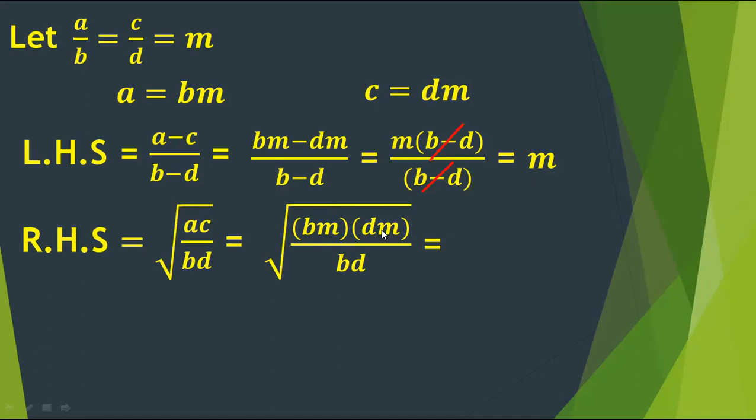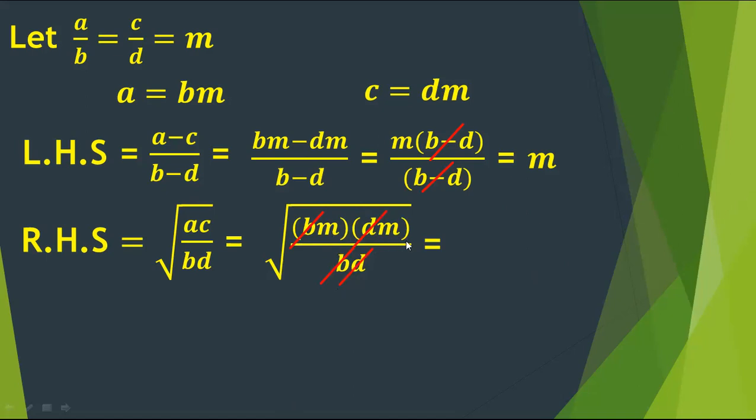Divided by B times D, BD. Then we can write BD times M times M, equals M squared divided by BD. Cancel BD with BD, or cancel B with B and D with D.